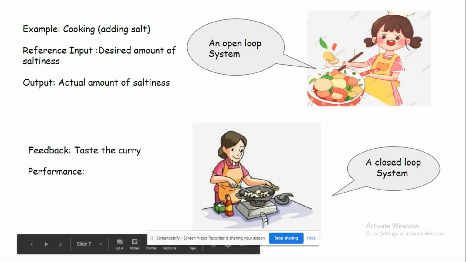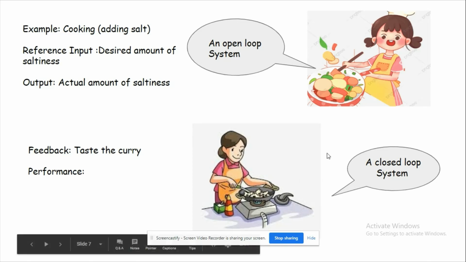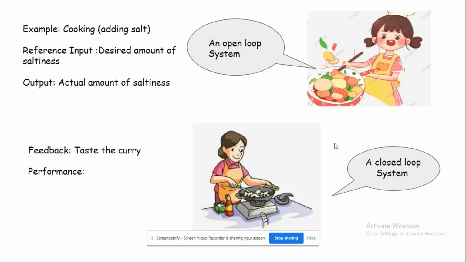But in this case, we are tasting the food and thus we are giving a feedback of the actual output and then adjusting the input according to that. So this is a feedback control loop. Now let's see another example.